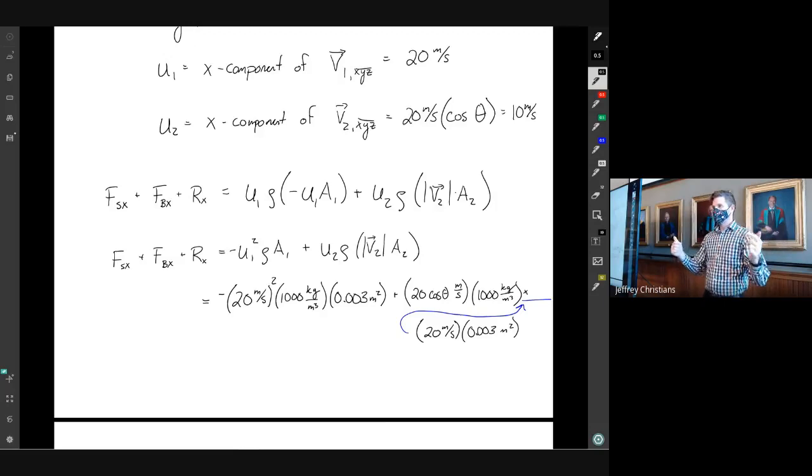So if you think about it just in the x direction, it's going from 20 meters per second in the x direction, and it's slowing down to 10 meters per second in the x direction. So that's what's happening in x. It's bending up to a 60-degree angle, but just along x, it's going from 20 and slowing down to 10. So that's where the x force comes in.